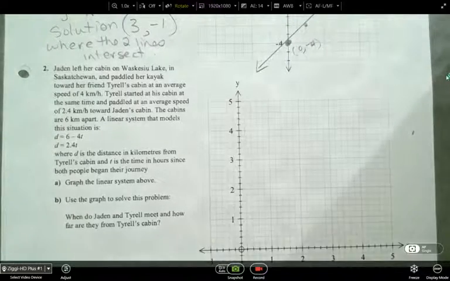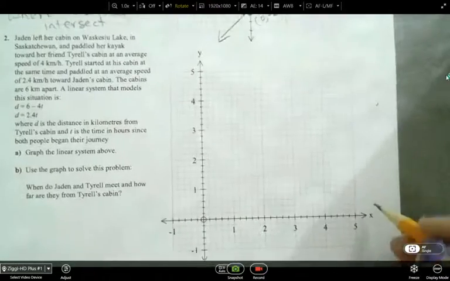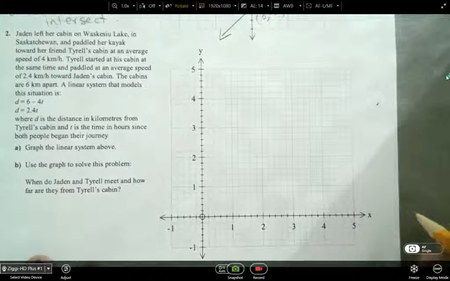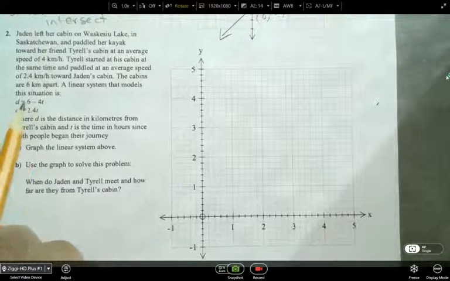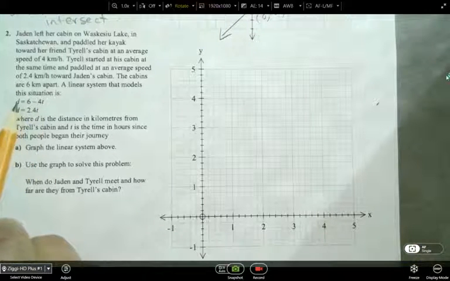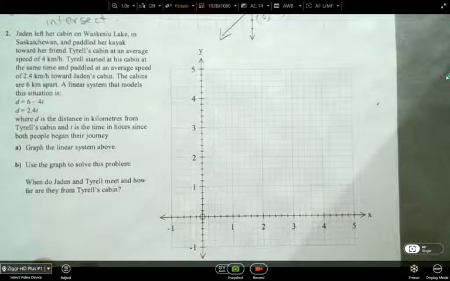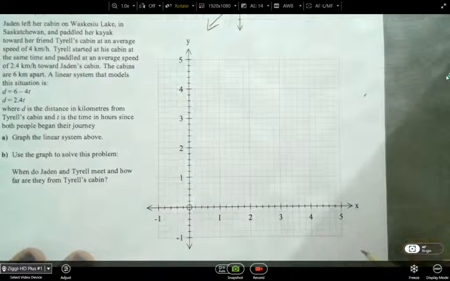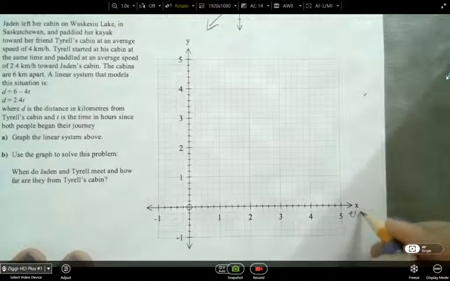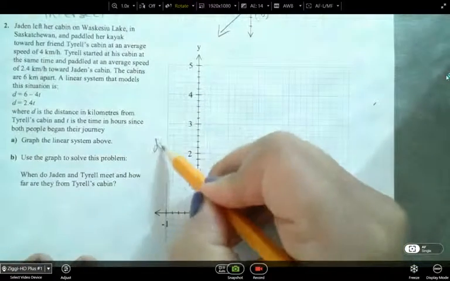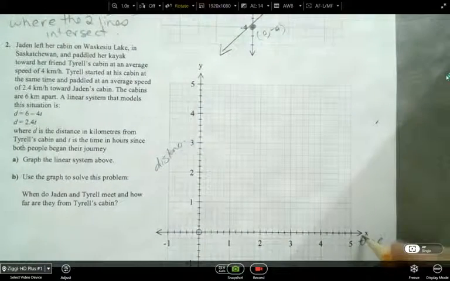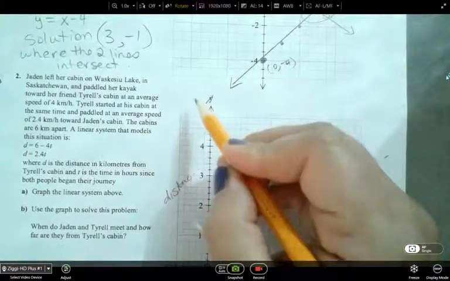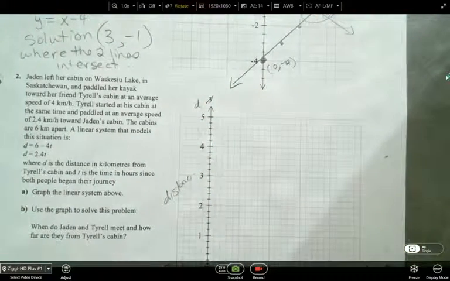What are we going to assume is the independent variable here? I've got time and distance. The independent variable is time, so that's going to go here, and distance is going to go here. So instead of x, this is really t that I'm graphing, and instead of y, this is really d.